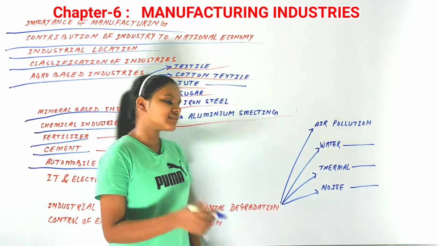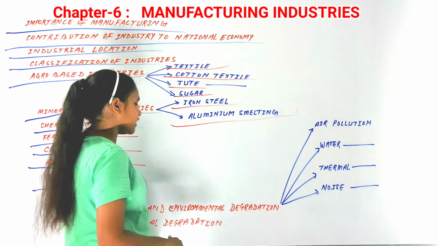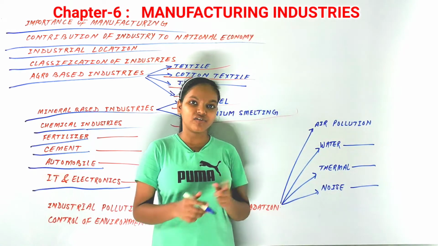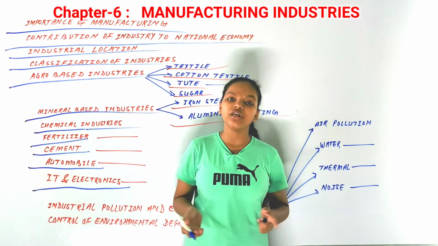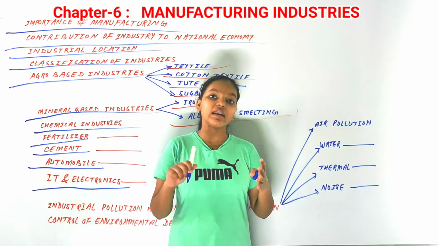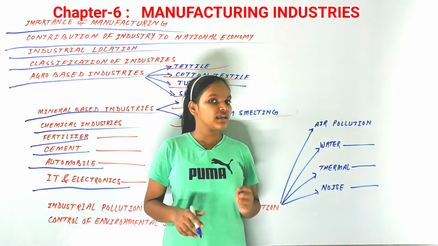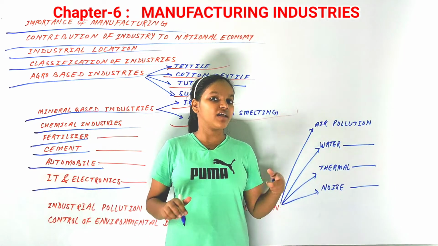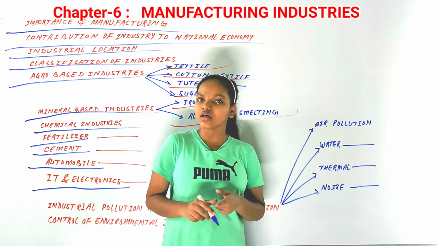After that, we have the next type of industry, that is information technology and electronics industry. IT stands for information technology. Electronic industries include everything from telecommunication things, from telephones to transmitter sets. We have radars, computers, those electronic appliances are in the electronic industries, and those are also mainly in advanced cities like Bangalore, which is the capital of electronic industries of our country.